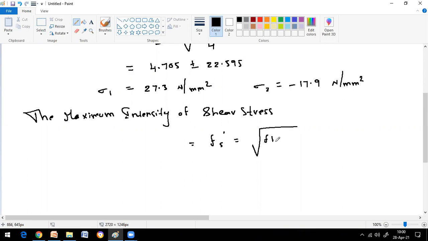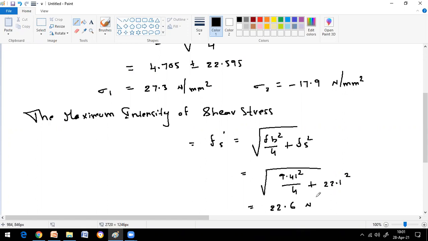Root of FB square by 4 plus FS square. So you substitute these values, 9.41 square by 4 plus 22.1 square. This is 22.6 Newton per mm square. So this is your maximum intensity of the shear stress which is acting alone.